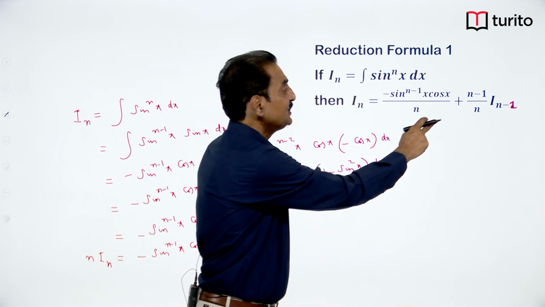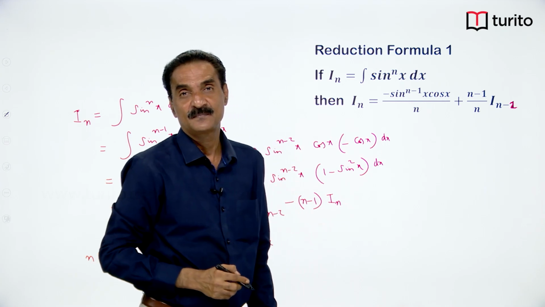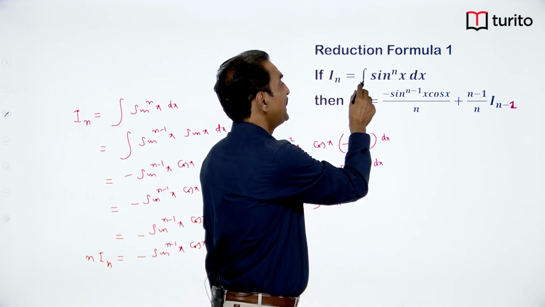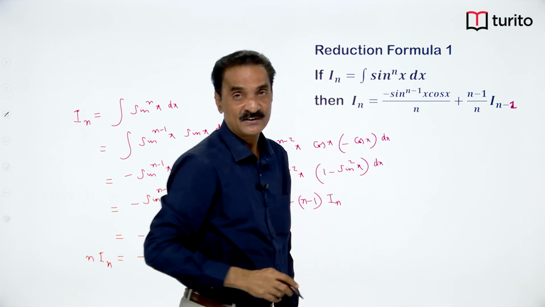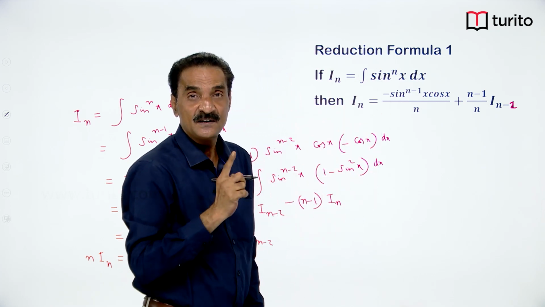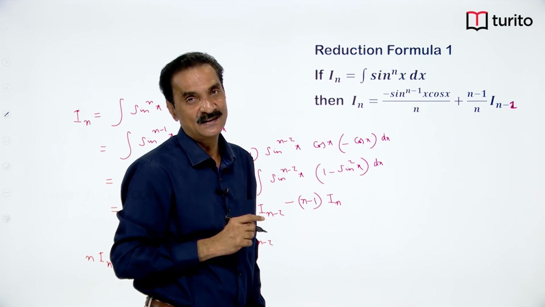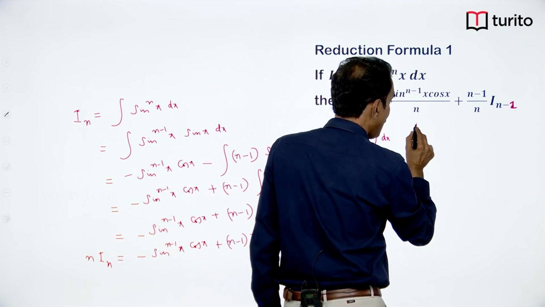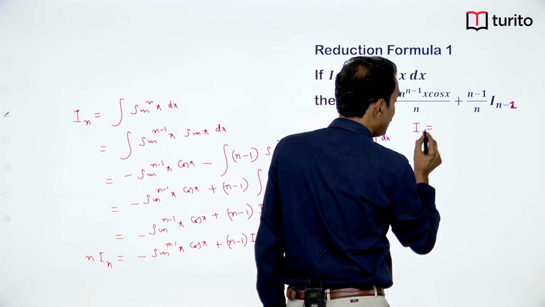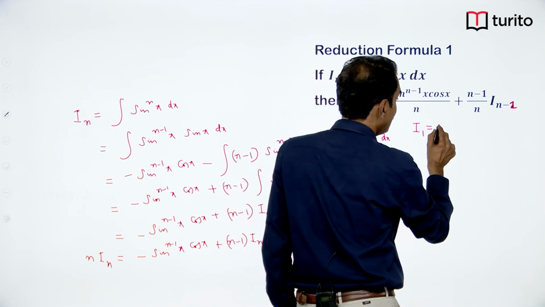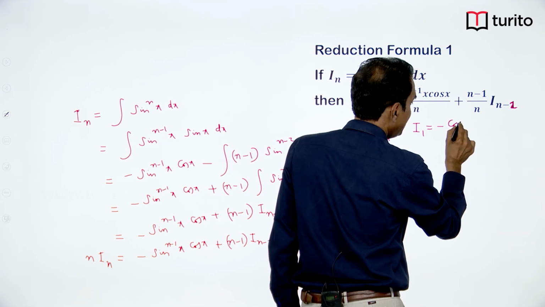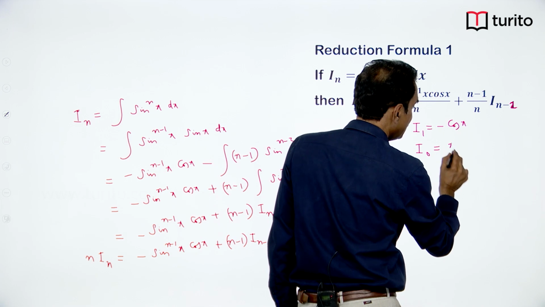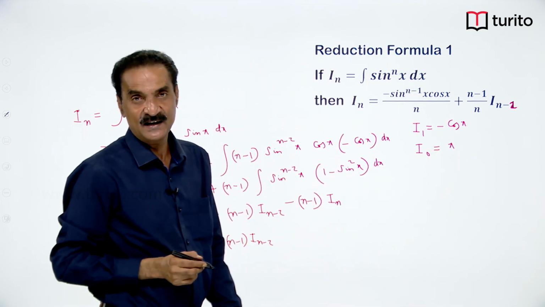So, finally, you will get I0. If n is 0, I0 is integral sin^0 x, it is integral 1 dx, that is x. So, in this reduction formula, the last term will be either I1 or I0. If you get I1, it is minus cos x. If you get I0, it is x.